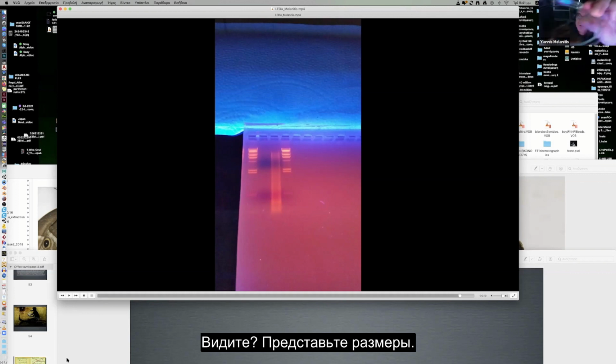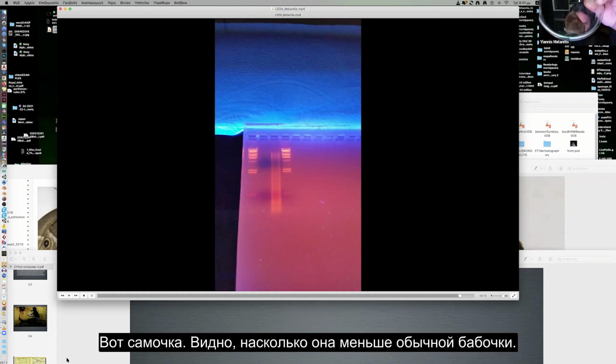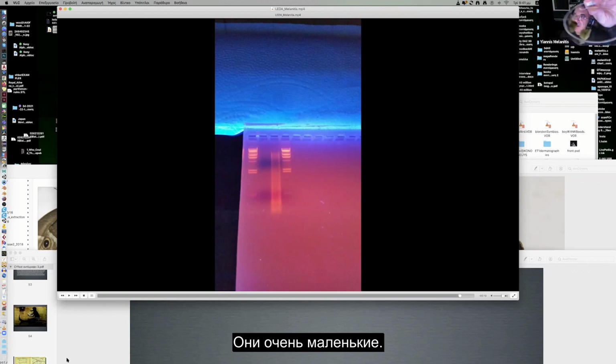If you can see here the size, for example, of the female, and then you can see how much smaller is the non-grown one. And also two of them that are really small.